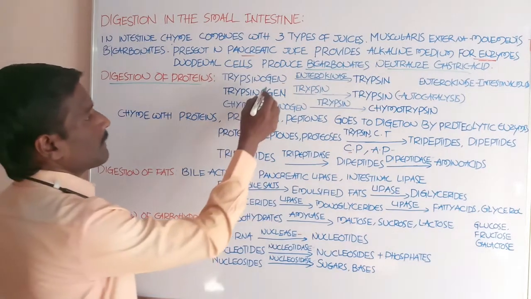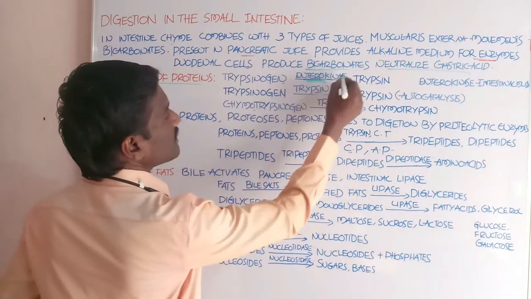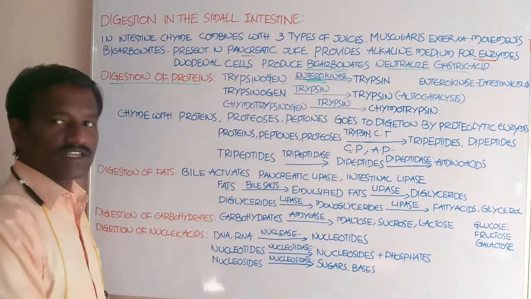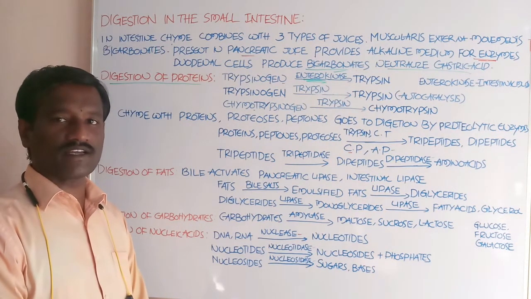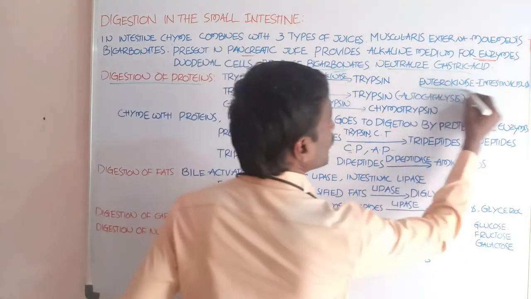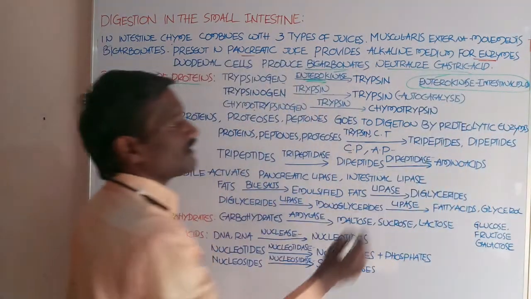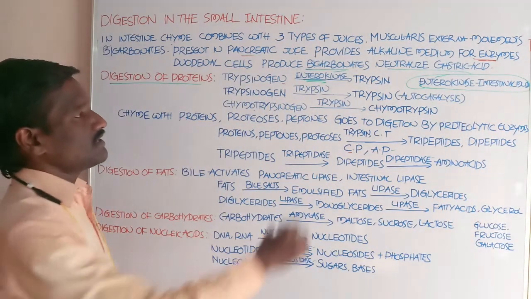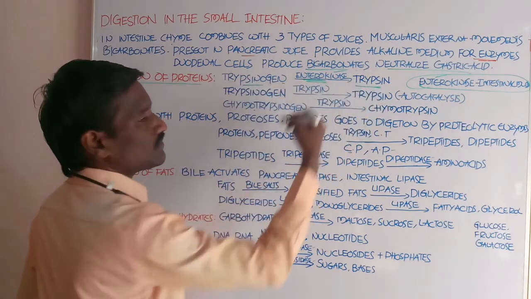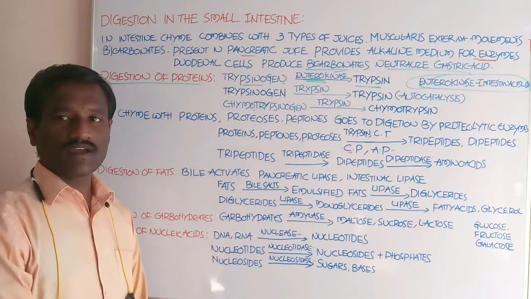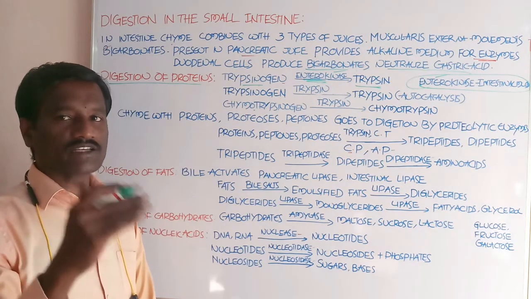Enterokinase is one of the activator enzymes, produced by the intestinal mucosa. Enterokinase acts on trypsinogen and converts it into trypsin.